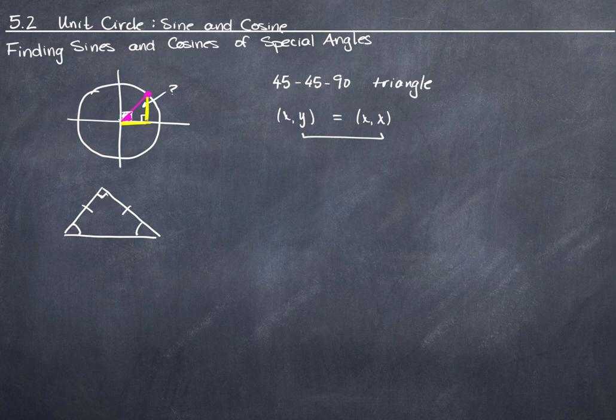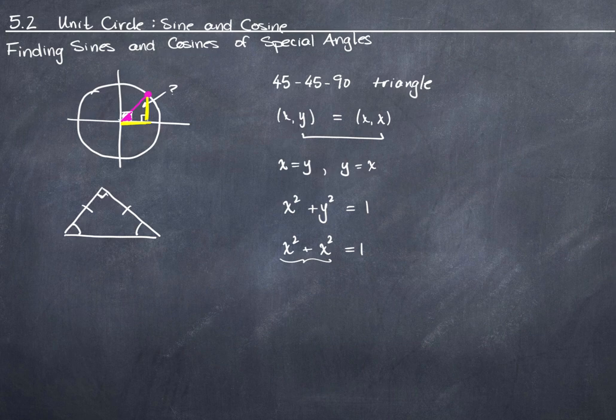Okay? Now, since x and y are equal, we could also write this just as x equals y or y equals x. Then I can write x squared plus y squared equals 1 as x squared plus x squared equals 1 because x and y are the same.